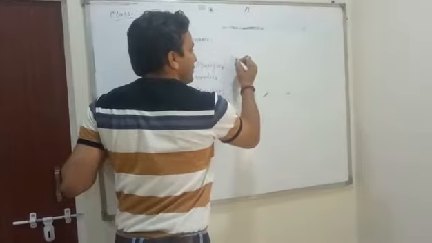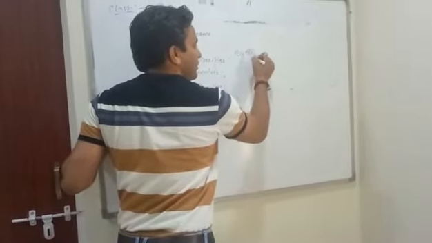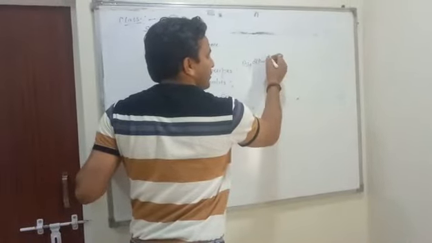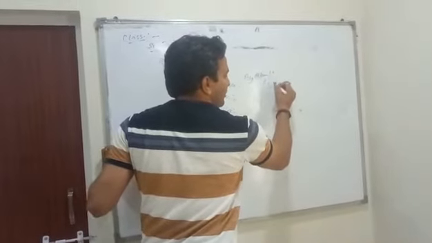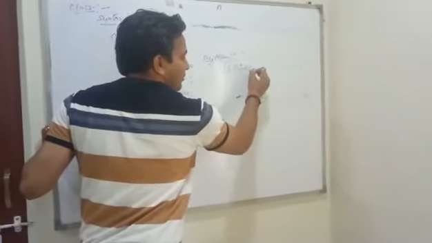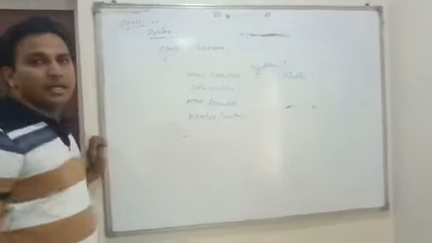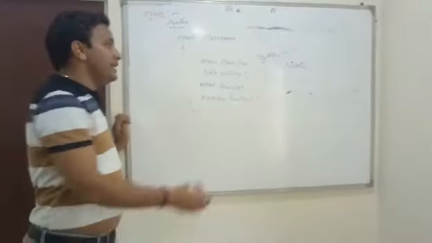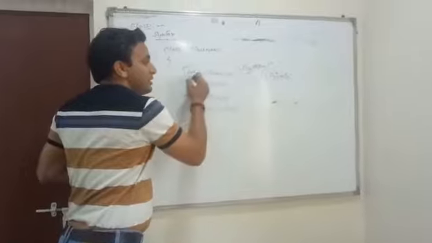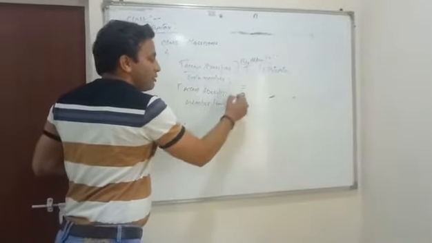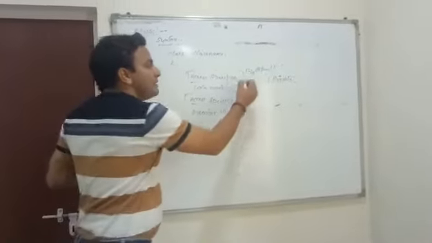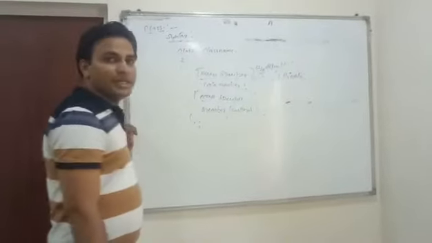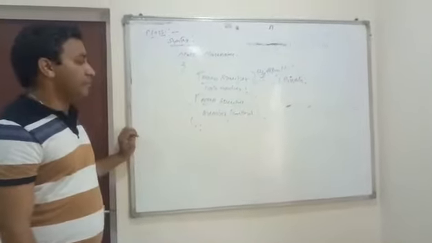By default, the access specifier will be private. If we are not using any kind of access specifier over data member or over member function, it will by default be considered as private access specifier.